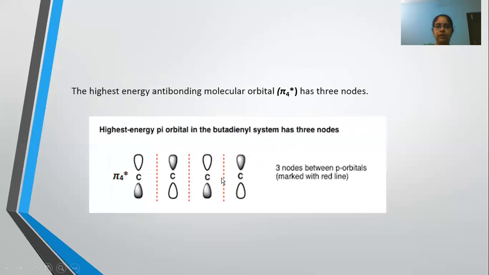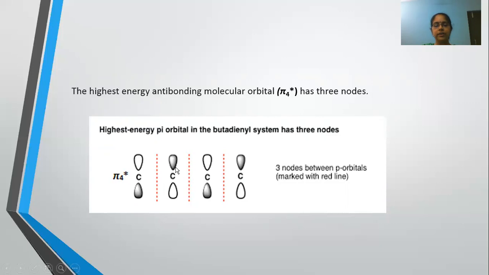Now the fourth one, the highest energy molecular orbital, which is also anti-bonding, is represented as pi4 star. It has three nodes. This is the highest energy molecular orbital, having n minus 1 nodes, that means 3. So these three nodes are placed between all the carbon atoms.